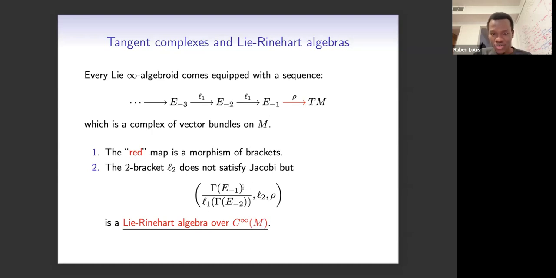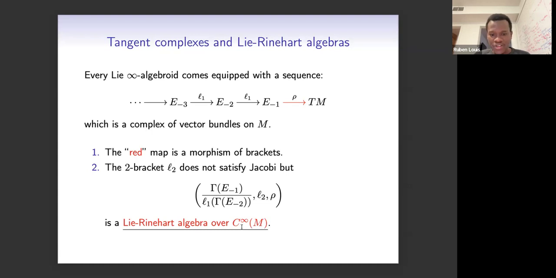So if you take the quotient here, you get something called a Lie-Rinehart algebra over the functions on M. It is the algebraic version of Lie algebroids. This quotient is not the module of sections of a vector bundle in general, which is why we call it a Lie algebra. So it is an algebraic version of a Lie algebra.